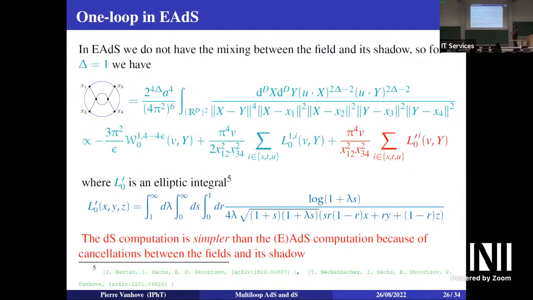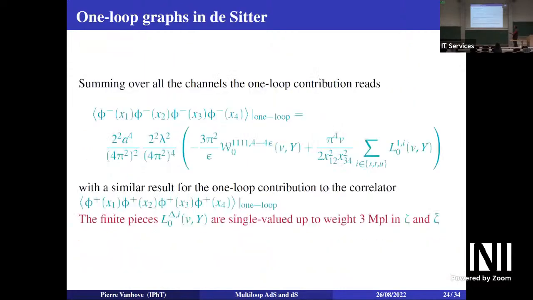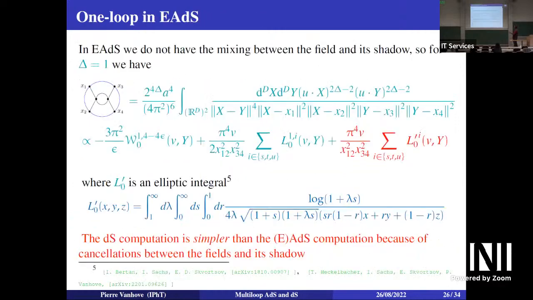And locally, the divergence is the same, up to a factor of 2. So you get 1 over epsilon, then you get the cross, then you get a finite piece, which is the same as the finite piece I got here, which is this weight 3 single-valued multiple polylog.